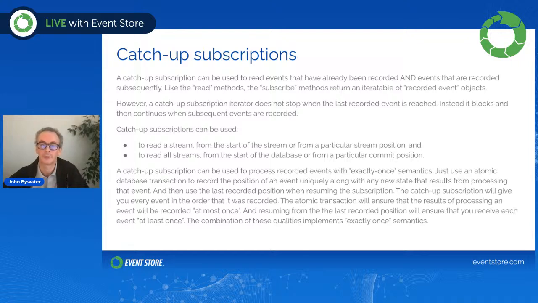The catch-up subscription will give you every event in the order that it was recorded. The atomic transaction will ensure that the results of processing an event will be recorded at most once. And resuming from the last recorded position will ensure that you receive each event at least once. The combination of these qualities implements exactly once semantics.